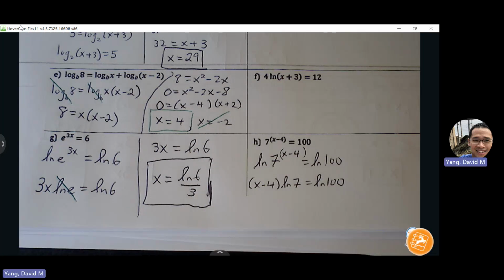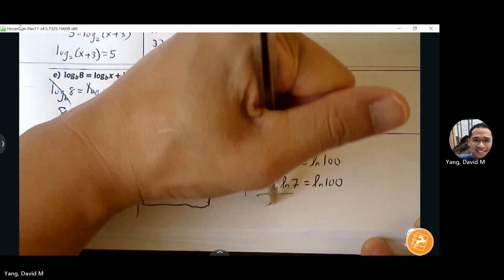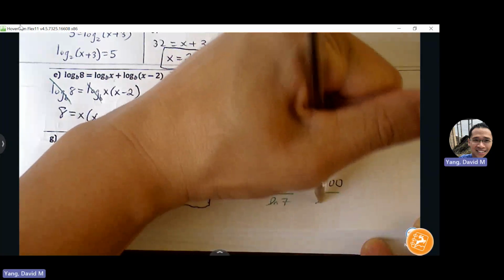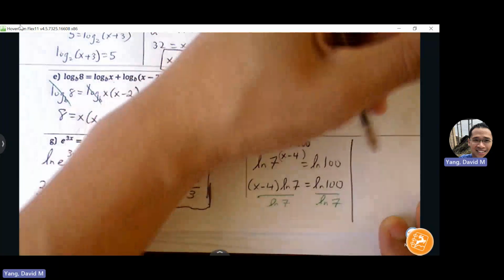Okay, I want to solve for x, so I'm just going to go ahead and move things away to the other side. So I have natural log of 7. Just go ahead and divide both sides by natural log of 7. Now your answer doesn't have to be clean. You just have to find a way to get that x by itself. That's really all we care about.